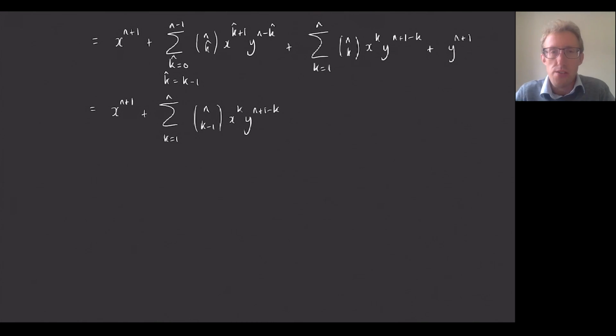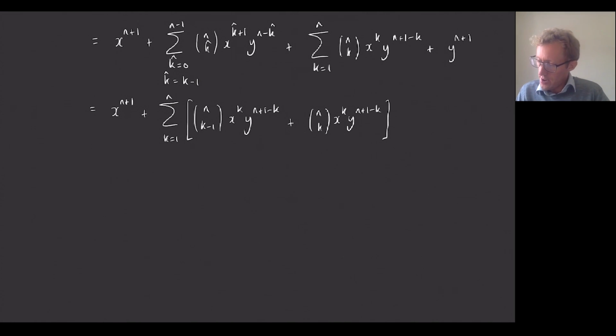And you'll see that these powers of x are actually the same as what we have in the second sum now. So then we have plus n choose k, x to the k, y to the n plus 1 minus k. The sum is around all of those, so maybe I should add an extra bracket to clarify that. And then we have that final term, y to the n plus 1.